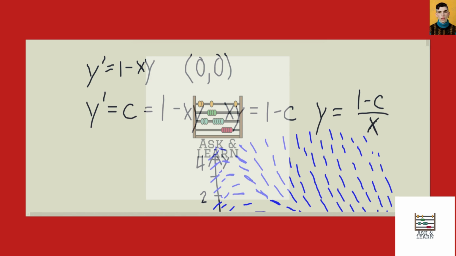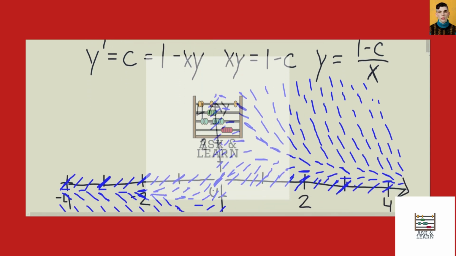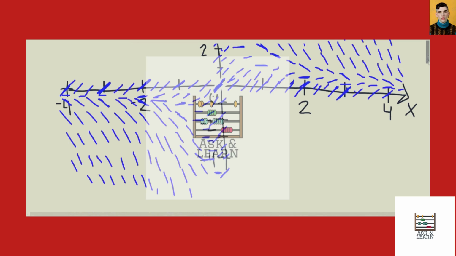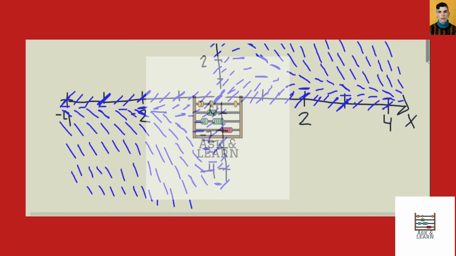Now if we have a slope of, say, positive 2, so c is equal to 2, then our hyperbola is y equals negative 1 over x. This is going to be a reflection across the x-axis of y equals 1 over x, and the slope is going to be 2, so quite steep. In particular, at the point (1, -1), we'll have a steep slope. Likewise, at the point (0.5, -2), and so on.